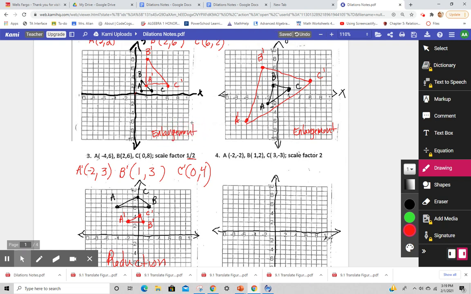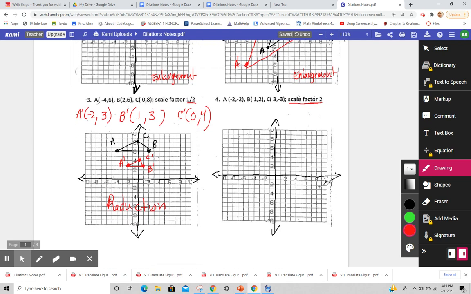All right, let's look at the next one. Do you think this is going to be an enlargement or a reduction? Remember, if the scale factor is between 0 and 1, it's a reduction. But if it's greater than 1, it's an enlargement. All right, so let's plot these points to draw our pre-image.